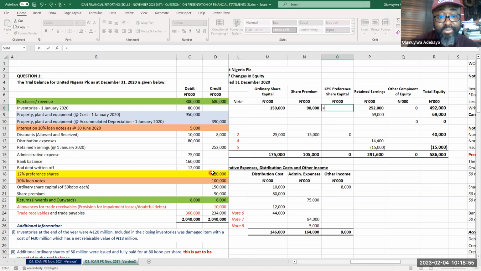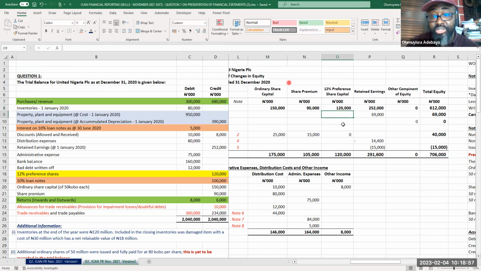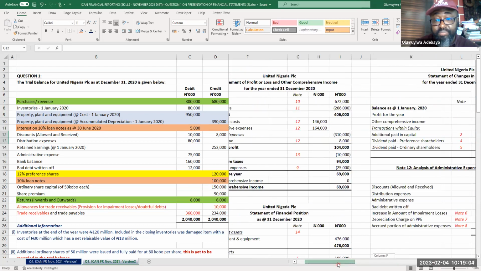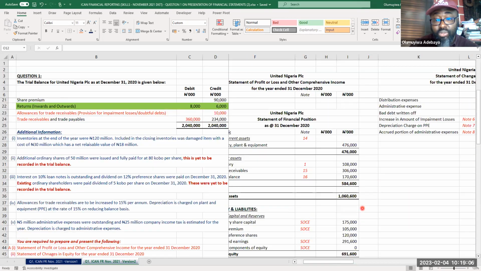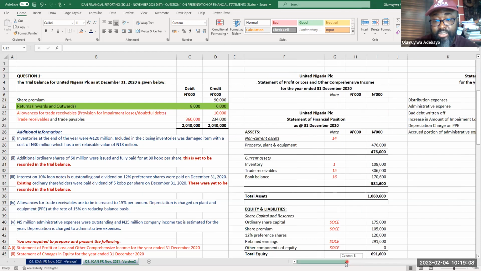Opening balance is this 12. There's no addition at all in that year. And therefore, everything comes back to this, which is the same thing we have here.